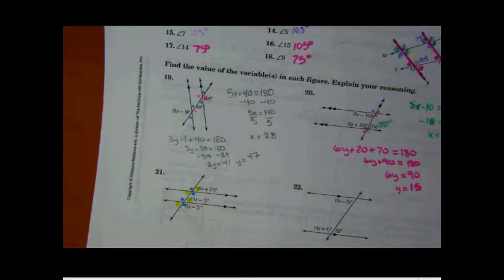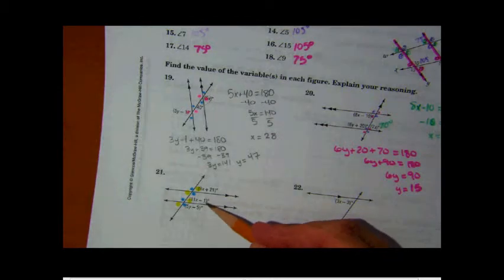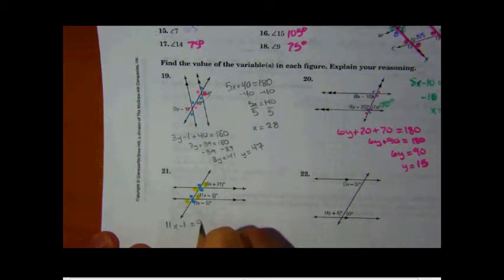Okay, so now we have a blue and a yellow. If I look at my x's, they're both yellow, right? So since they're yellow, that makes them equal to each other. So 11x minus 1 is equal to 9x plus 21.